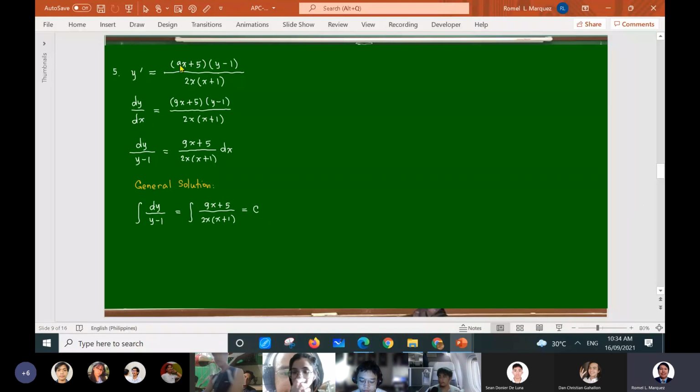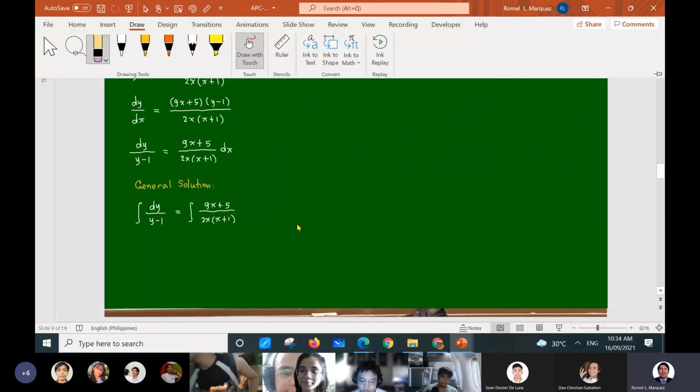No need to set it equal to 0 for the meantime because there is no 0 on the right side, no? It is this equal to this. So we are going to put the c later just on the right side or on the left. But normally we write it on the right.